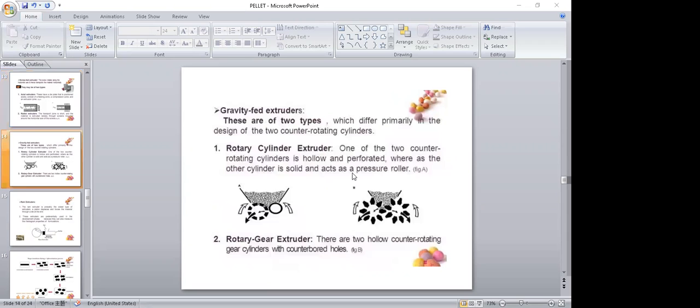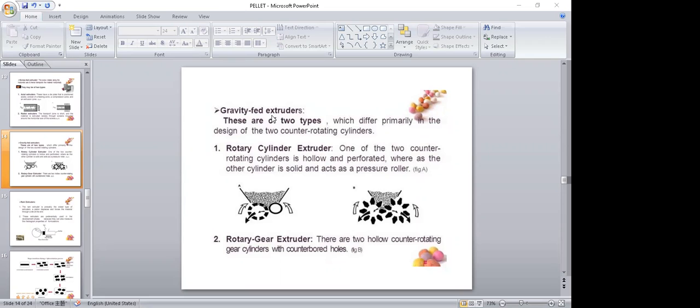Then another type of extruder is the gravity fed extruder. Now in this gravity fed extruder, there are two counter rotating cylinders. Again, this extruder is also available in two forms.